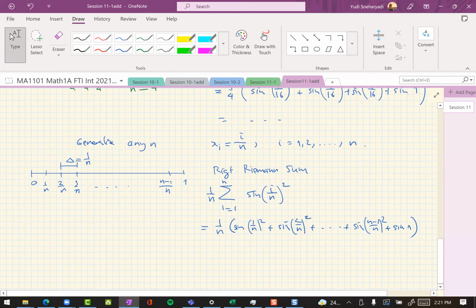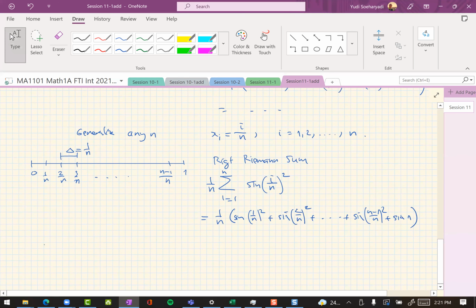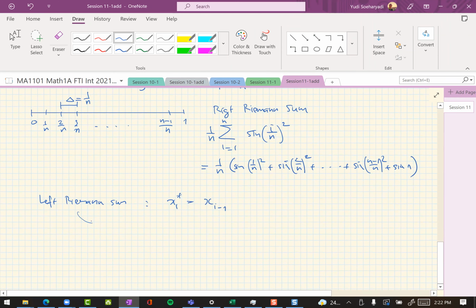If you use the left Riemann sum, left Riemann sum means that the representative is just the x_{i-1}. Okay, and therefore the left Riemann sum gives you 1 over n.